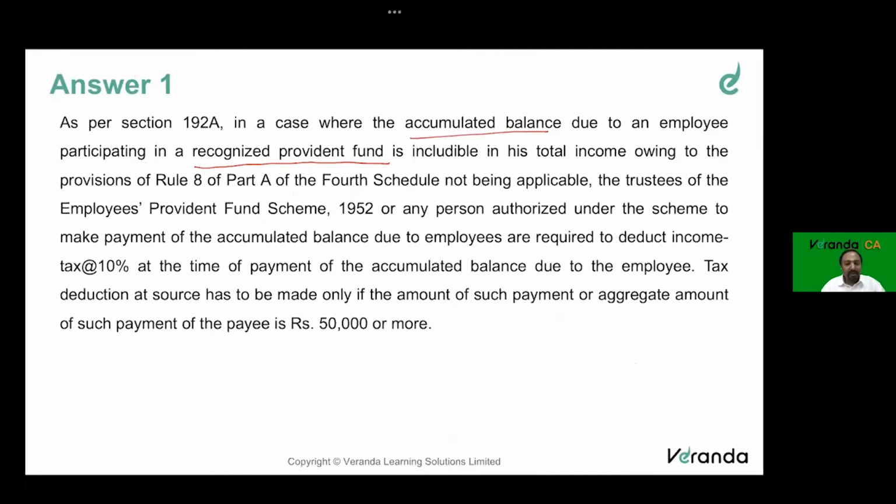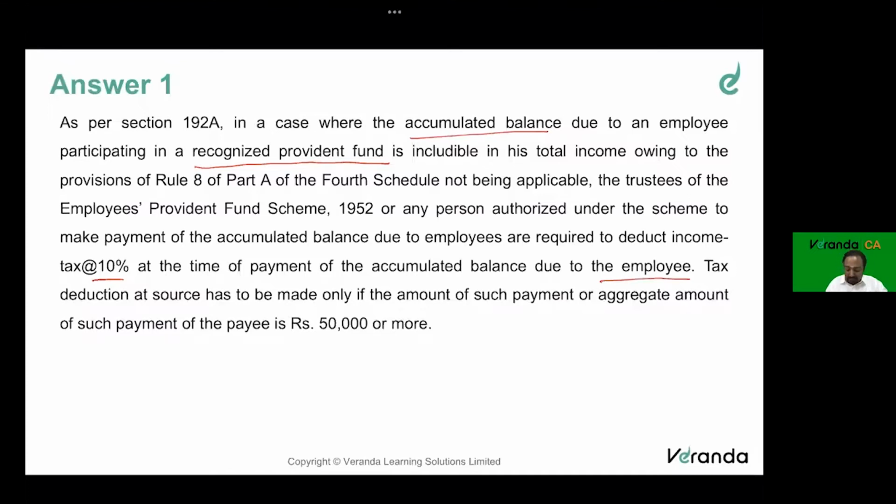You should understand whether you should actually quote it in the examination. Of course, it will be great if you're able to quote it, but you can also leave it aside and proceed. So basically it says any person who is authorized to pay on behalf of PF, when making that payment, shall deduct 10% of the accumulated balance.